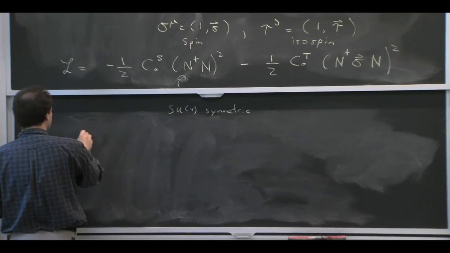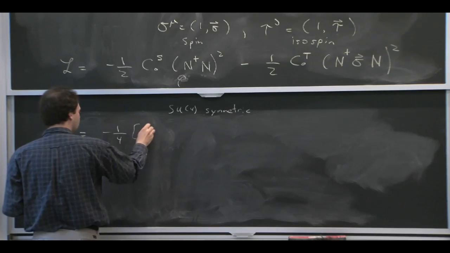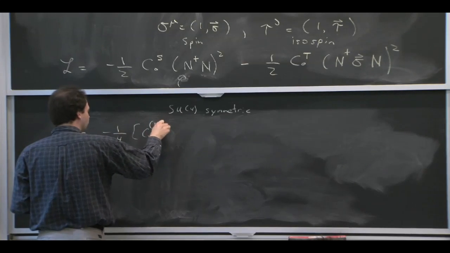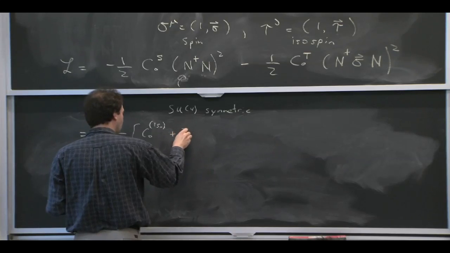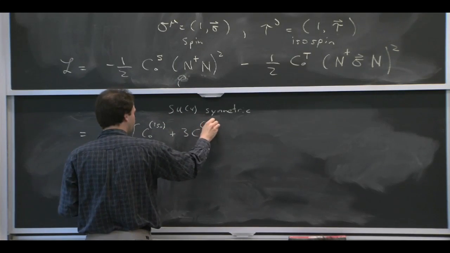And if you want to write down the relation to the previous basis, you can work that out. I'll just tell you what it would be by writing down what the coefficients here are in terms of the ones we had before.